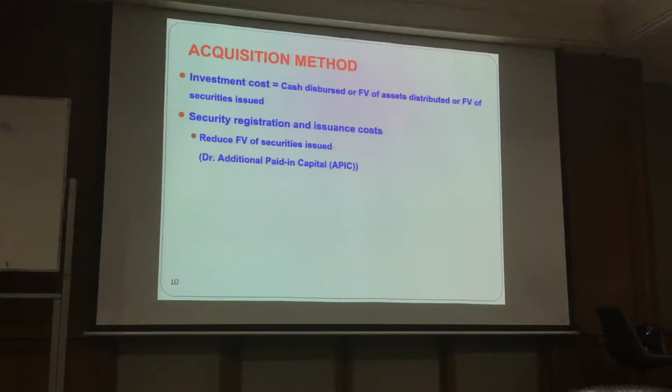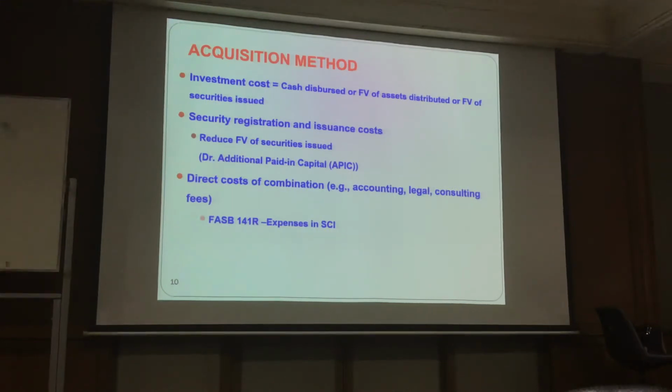But of course, to issue shares for exchange, you need to go to the SET, Stock Exchange of Thailand, and pay a commission fee or whatsoever. When the expense happens, you need to reduce additional paid-in capital of the shares when you issue shares.